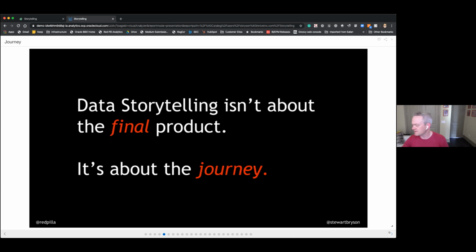So data storytelling, the main point I can make about it is that it's more about the journey. It's very similar to what you do in a talk like this. You make points, you make arguments, you visualize data, and you tell a story along the way. So it's not as much about a finished product, such as a dashboard that is designed for hundreds of users. It's more about telling a story for a very specific time and place.